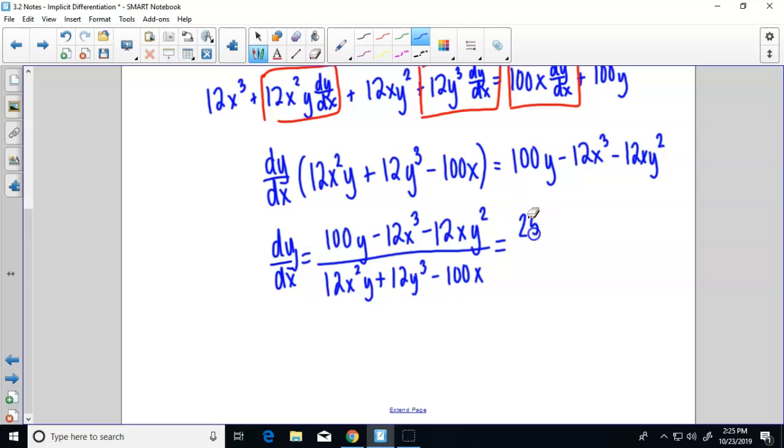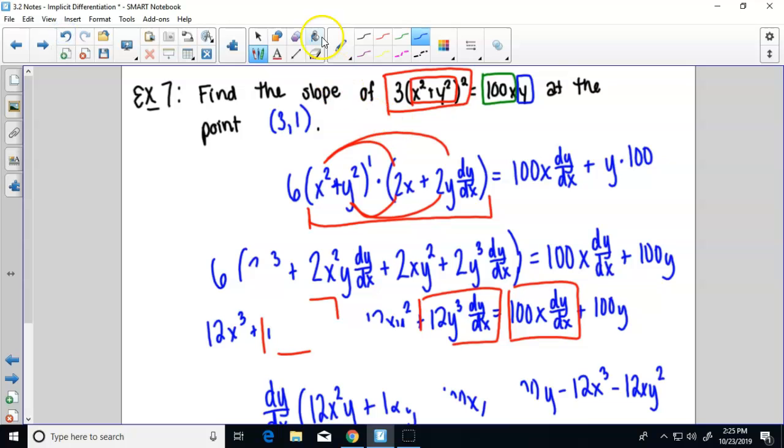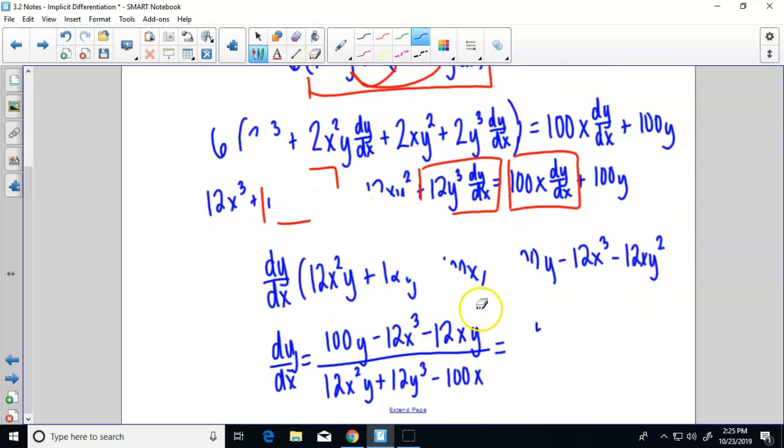So you'll have 25. Oh, I don't know what it's doing here. It's erasing half of my page.